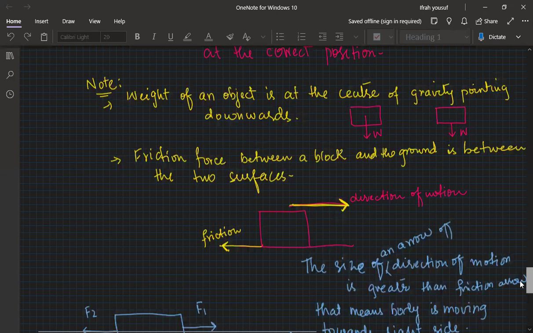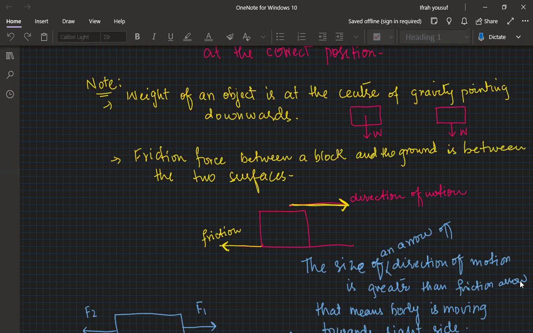So for friction force, I considered two things here. The weight of an object is actually at the center of gravity, pointing downwards, right? So in simple words, you can say weight is a force that acts downward. Number two is friction force between the block and the ground. For example, if an object is moving on the ground and making contact with the ground, that means friction force is there.